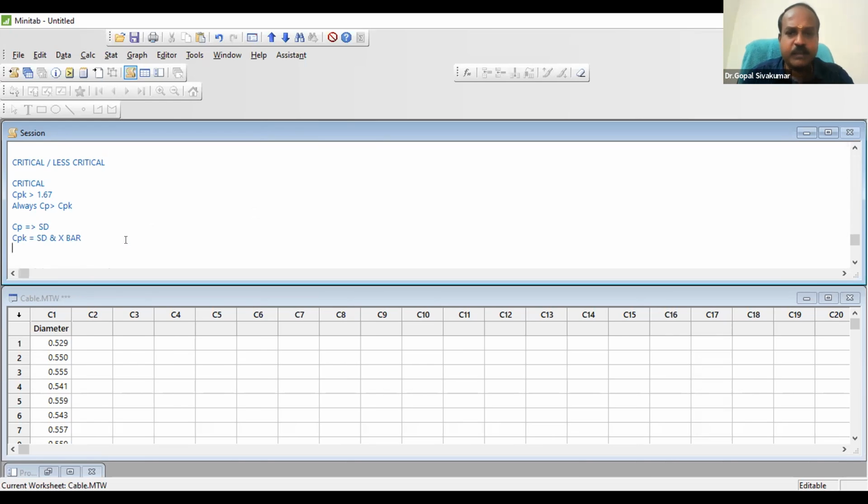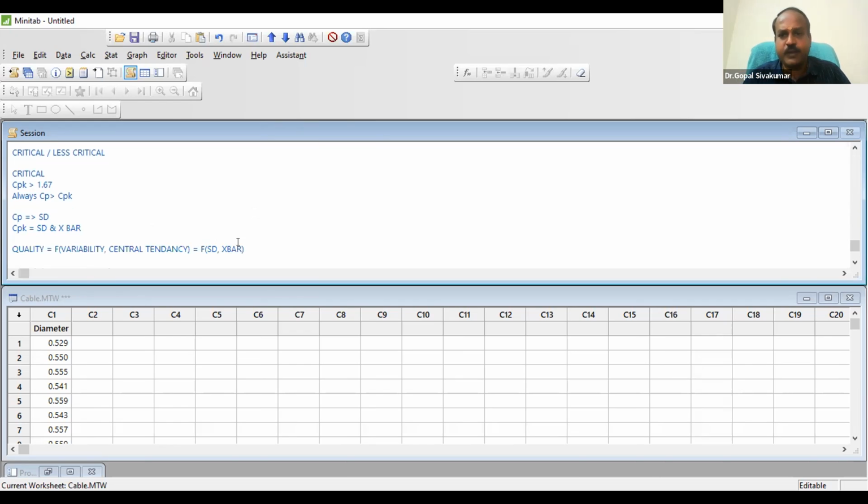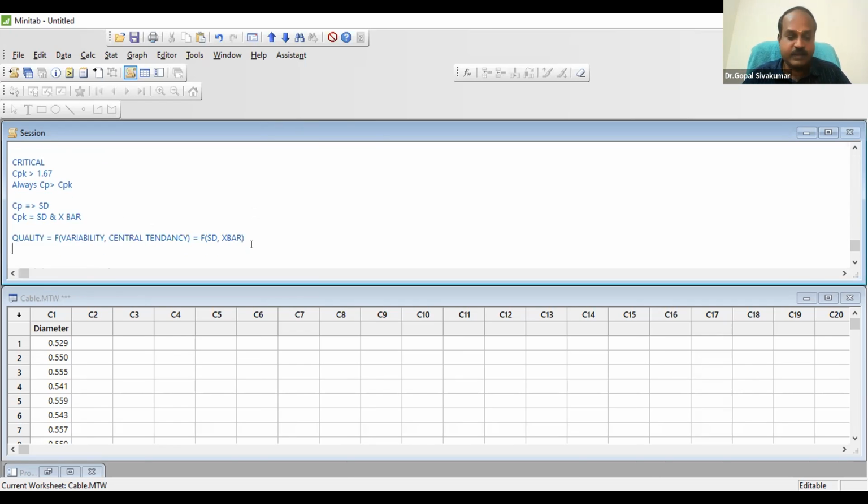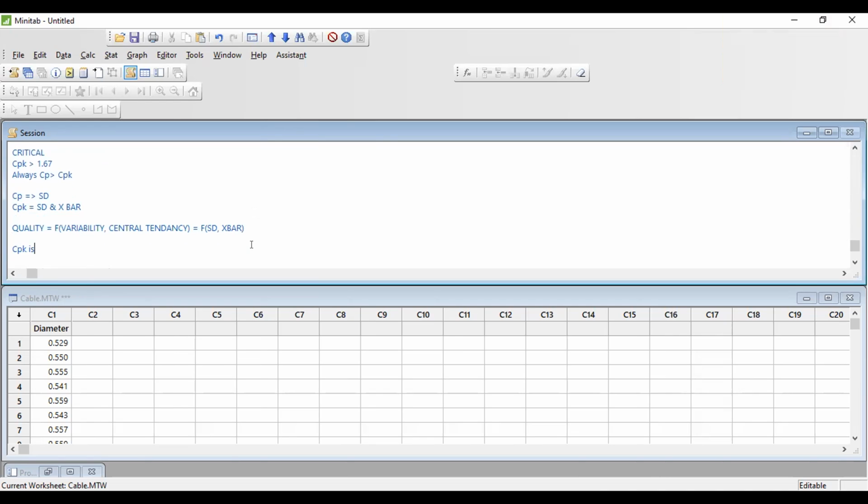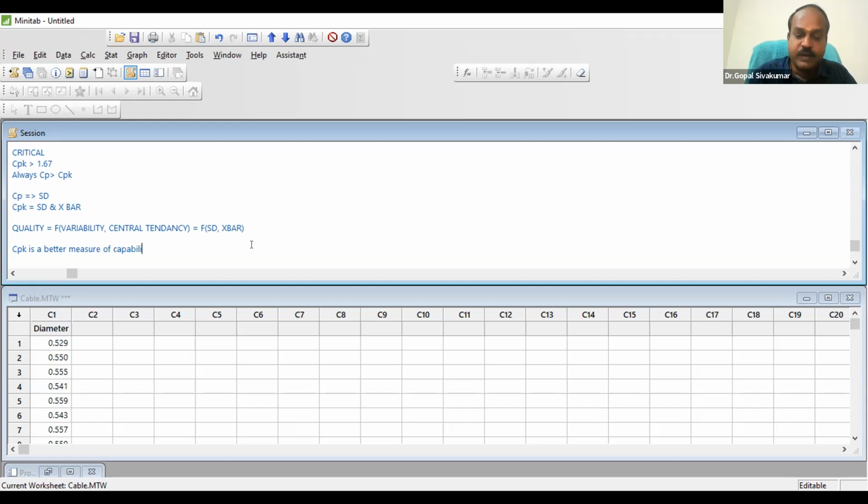So which can give you a better picture of the quality or the capability? Cpk. Cpk is a better measure of capability, because Cpk makes use of central tendency as well as variation. Why is Cp sometimes misleading? It is not giving the real capability because the formula uses only standard deviation.